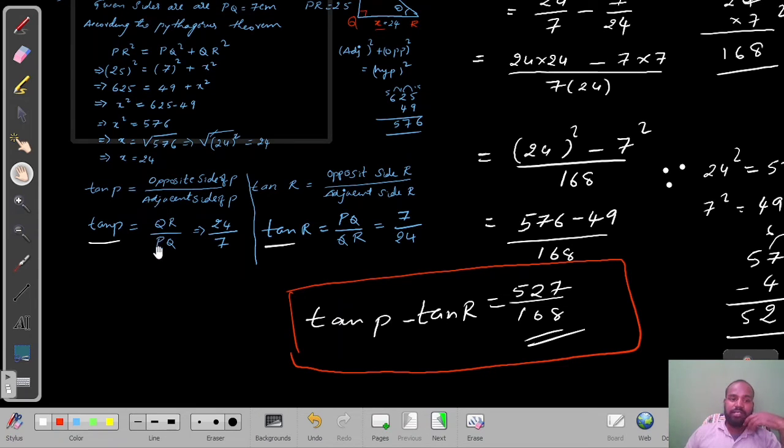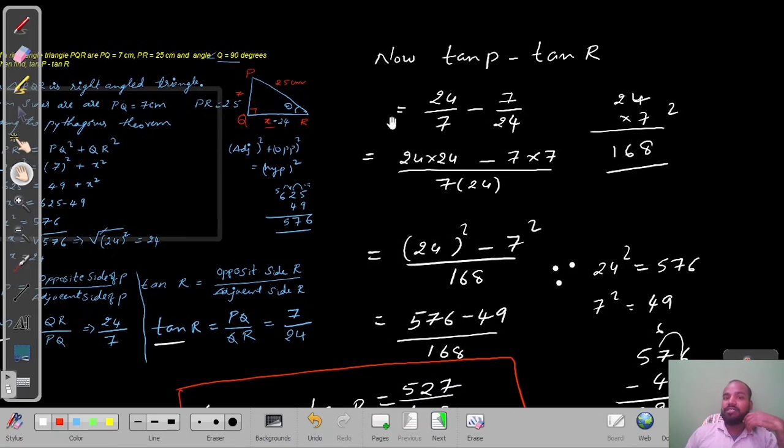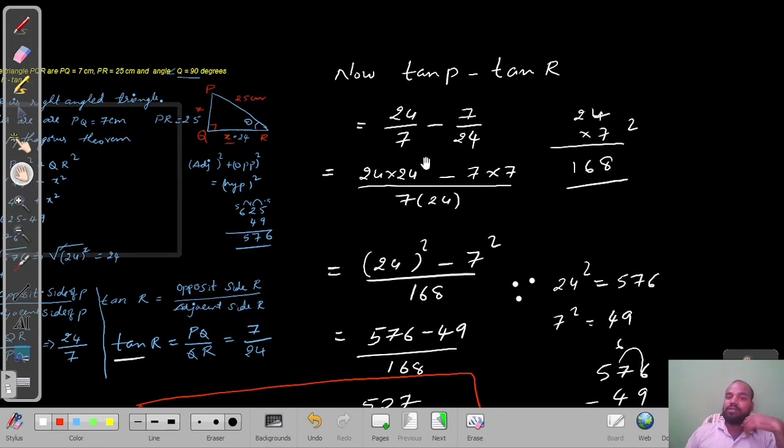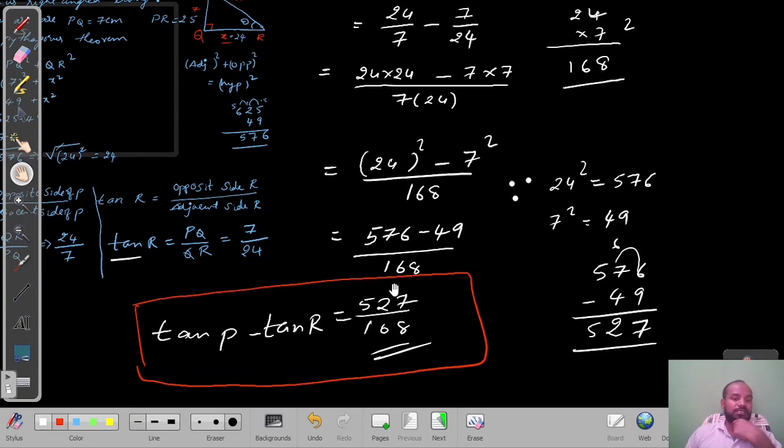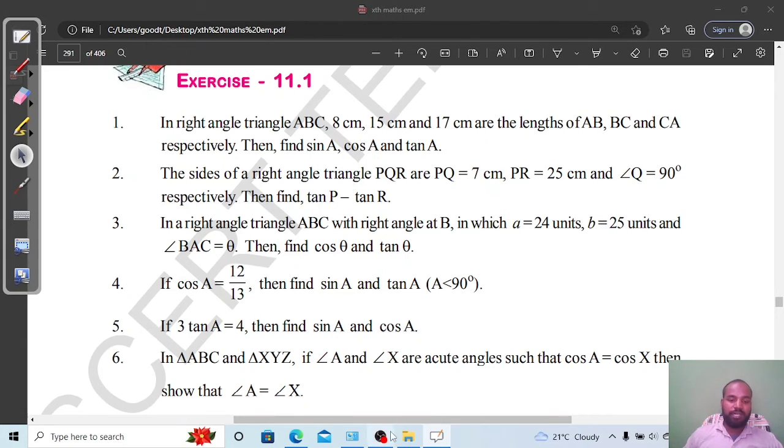Then we wrote the values for adjacent and opposite. Then we did tan P minus tan R. We got the tan P value and tan R value, did the subtraction, and finally got the answer. So this is the answer for this question. Shall we move to the next question?